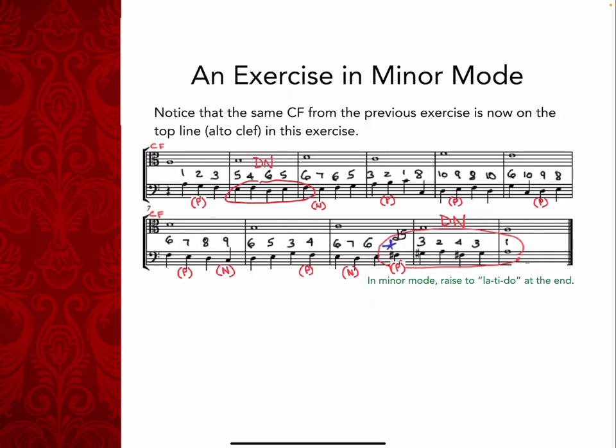Let's look at this exercise in minor mode. Minor modes are special. We know the natural minor has a lowered 6 and 7 scale degree. But it's traditional, when you're approaching a final cadence, to raise 6 and 7. And that's what we always do, only in the figures leading up to the final cadence.